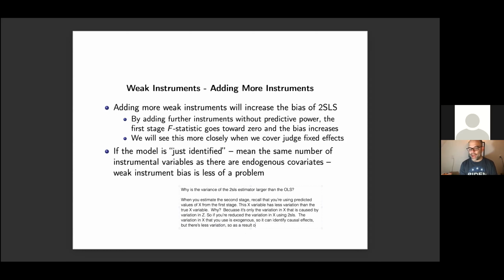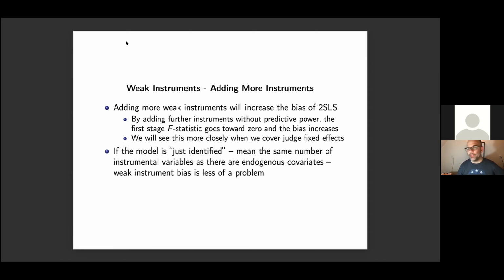As a result of that, the estimator isn't as powered, and it can cause imprecision in the estimates in the second stage. That's why you typically see two-stage least squares having larger standard errors than OLS. They're not really comparable though.